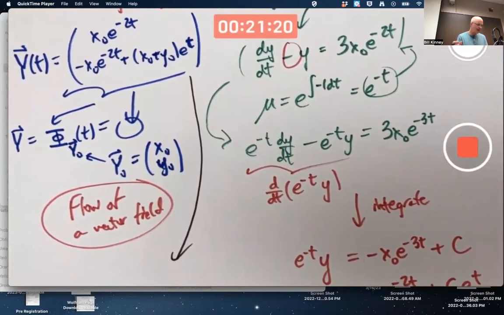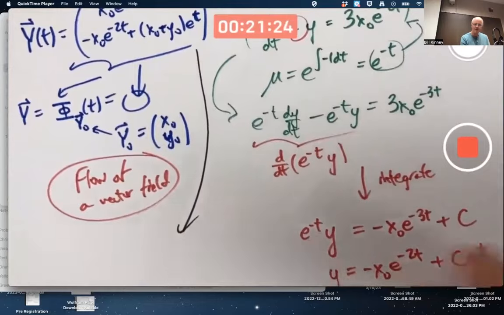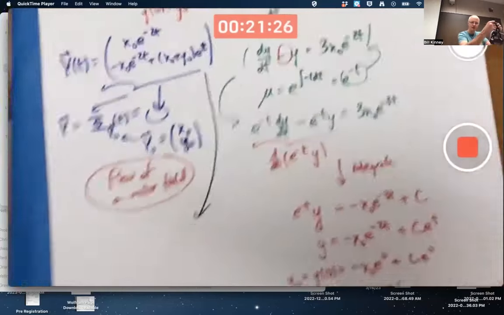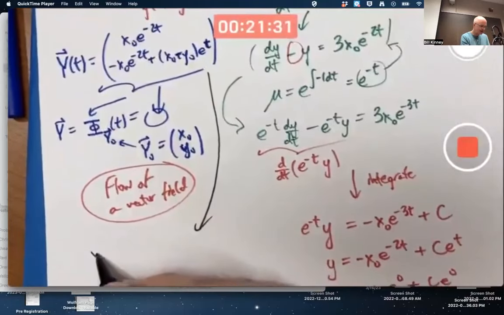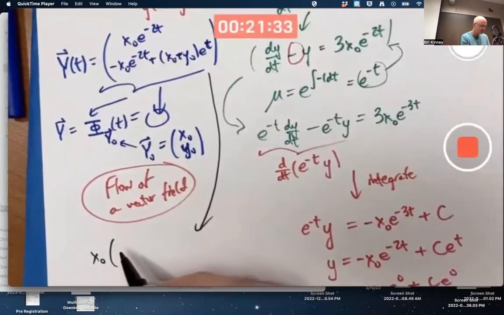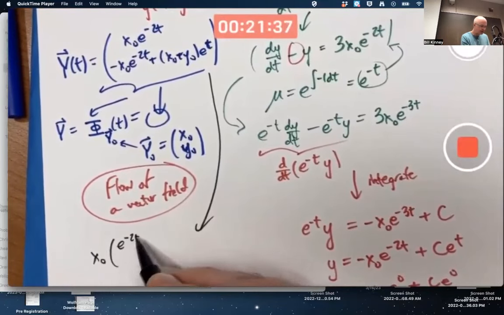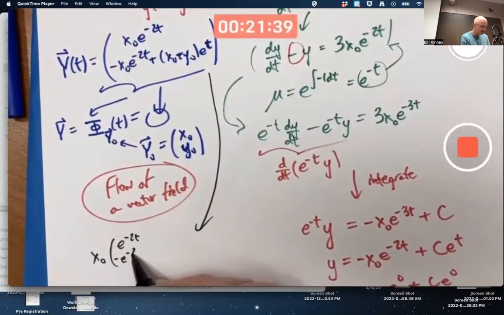Let's break it with x naught in front of one vector and y naught in front of another vector. Let's write this as x naught times e to the negative 2t in the first component and negative e to the negative 2t in the second component.